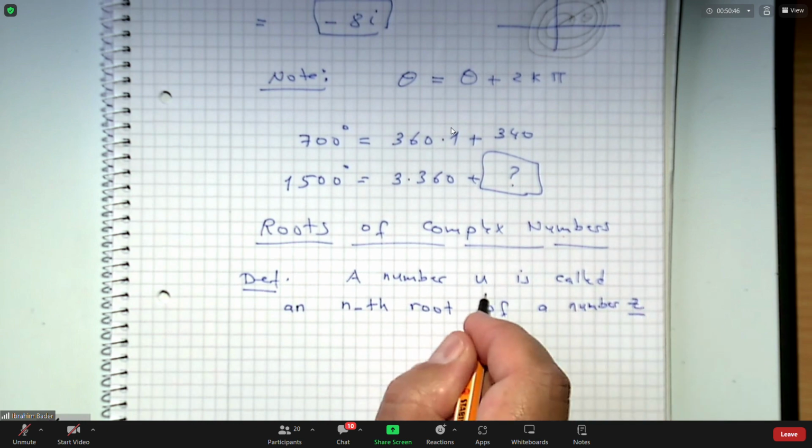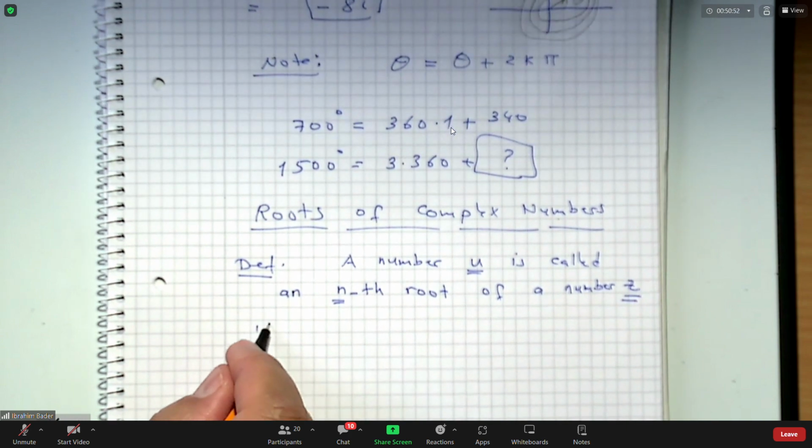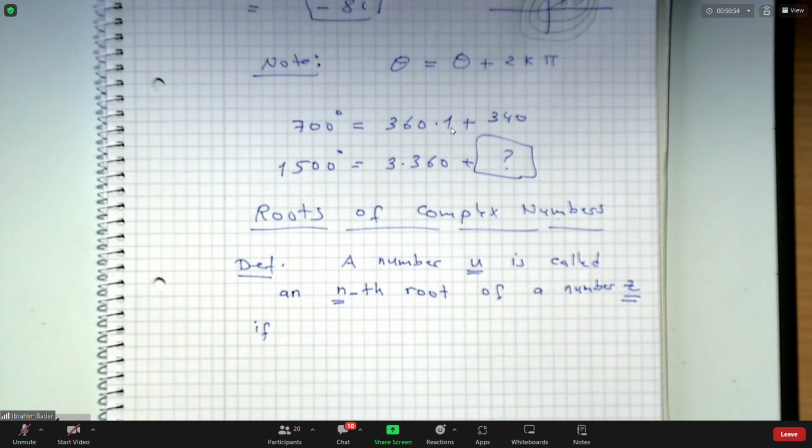What does it mean when I say that 2 is a third root of 8, for instance? Can anyone help me out with that?